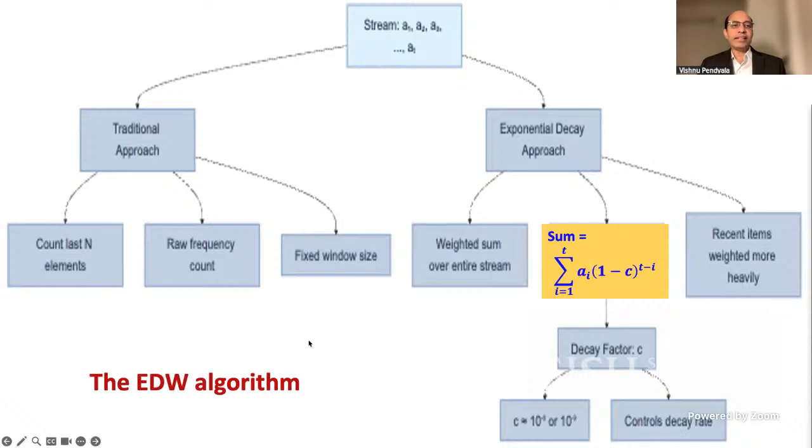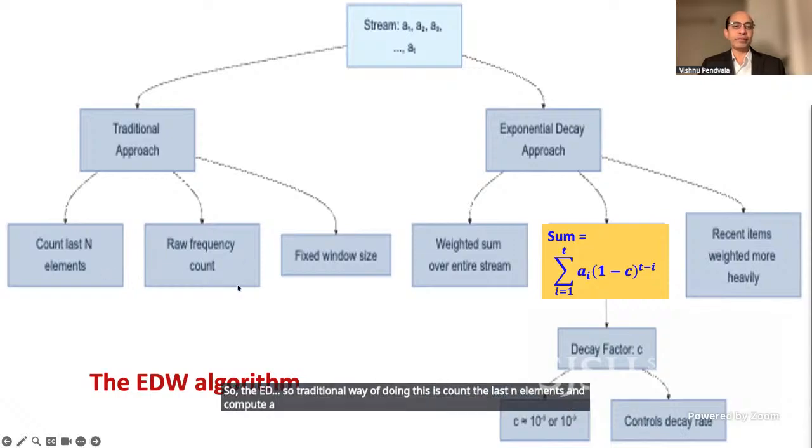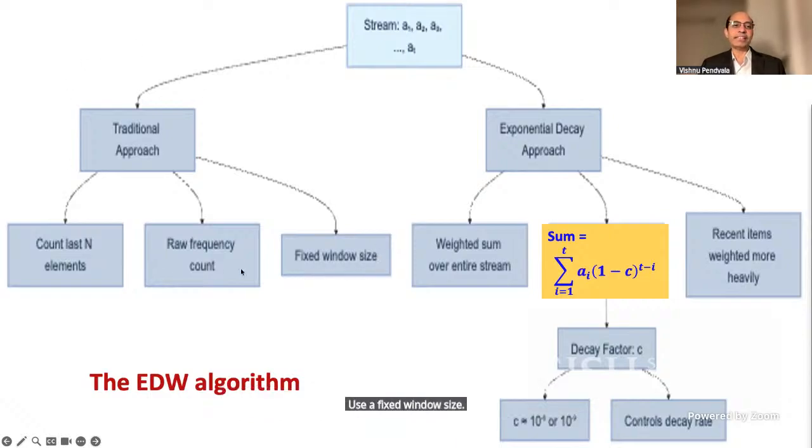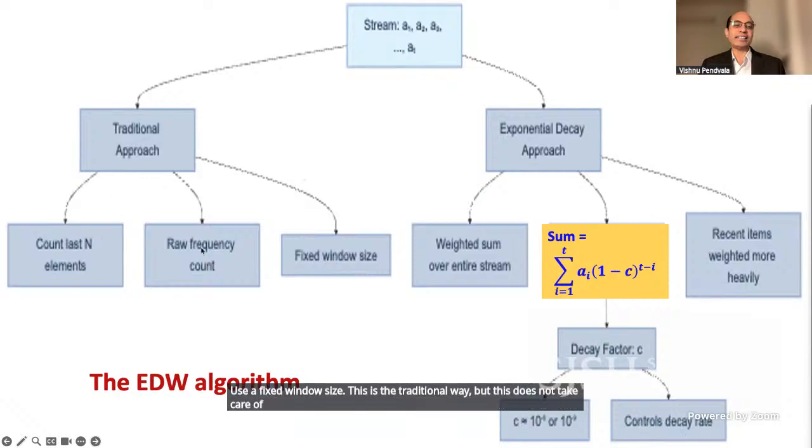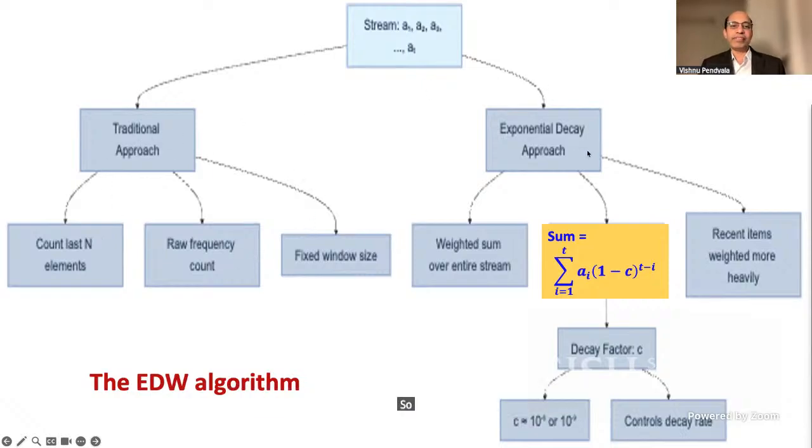So the traditional way of doing this is to count the last n elements, compute a raw frequency score, and use a fixed window size. This is the traditional way, but this does not take care of fads, spam, and all that stuff. So the exponentially decaying window takes care of that.